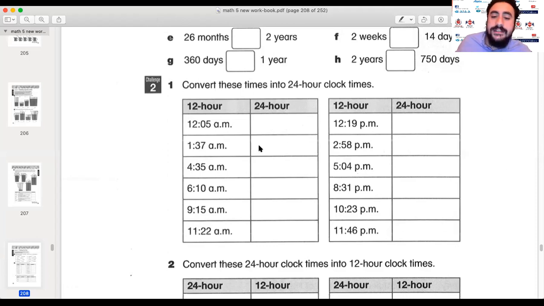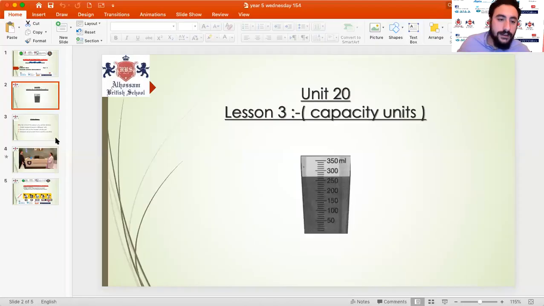This is 1:37, but I'm going to write 01:37. But here, PM to 24-hour, I'm going to add 12, so it's going to be 14. Here, I'm going to add 12, it's going to be 17, and so on, okay? And after that, you're going to solve the exercises about time. And then next time, we are going to continue talking about time and time intervals, okay?